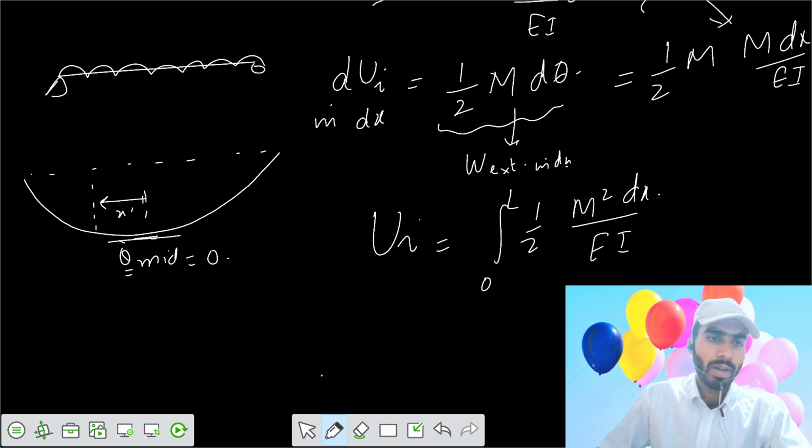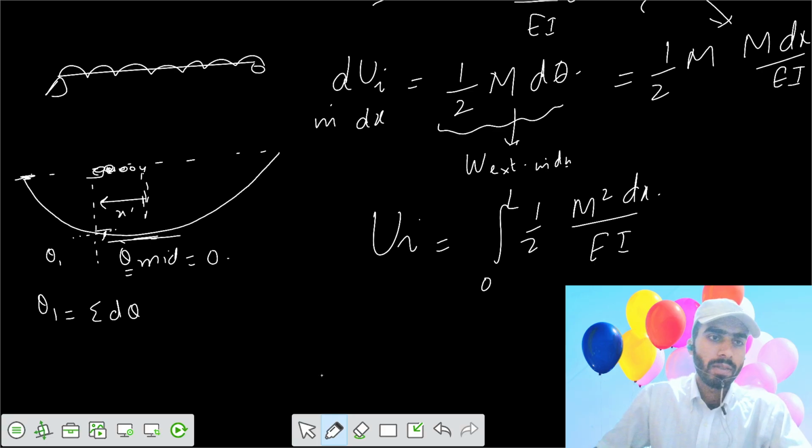We want to find the value of theta here. Here theta is some value theta 1, which equals the summation of all d theta in those small differential elements, up to the point of midspan, and we sum those small d theta to get the final value of theta 1.